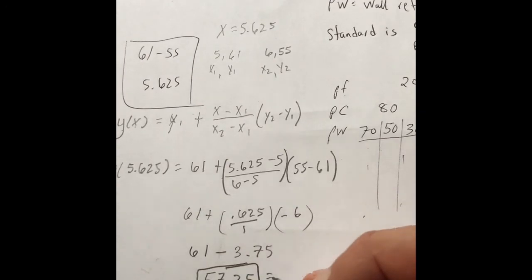So this is our coefficient of utilization. Obviously, it's a lot easier when they match up to a given number, but that is our coefficient of utilization.